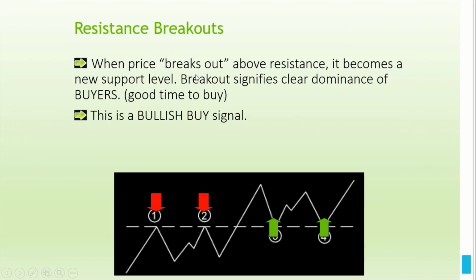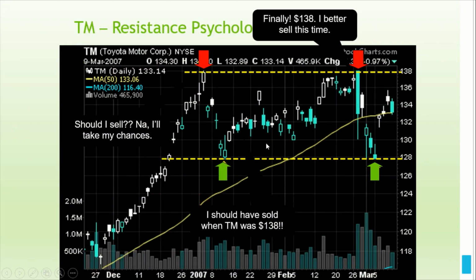Okay? So, breakouts naman tayo sa resistance. When price breaks out above resistance, it becomes a new support level. So, kumbaga, para lang siyang gulong ng palad. Pagka nagkaroon ng breakout ang resistance, it's a what? It's a sell signal. Okay? Benta mo na yan. But, pag nagkaroon ng breakout sa resistance, anong sabi?